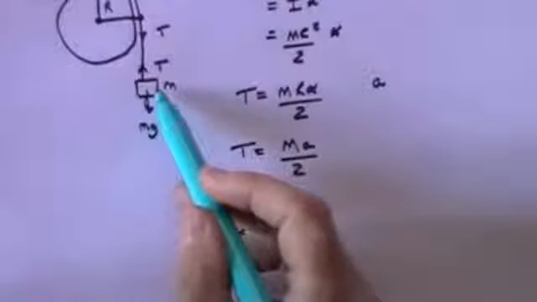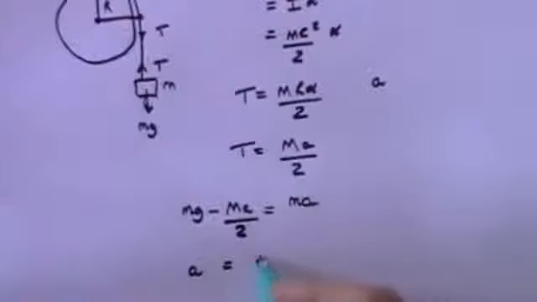That means that the acceleration this little mass will have going down is mg divided by little m plus capital M over 2.